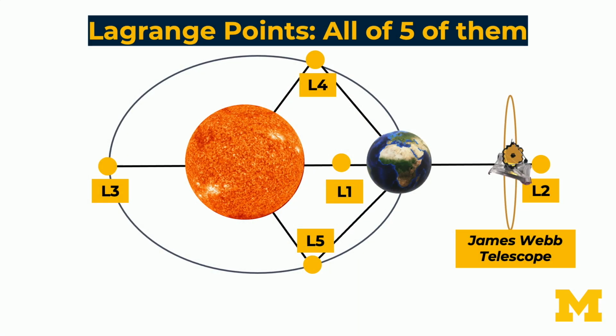Now, there are a lot of satellites that are sitting at Lagrange point 1, which is between the Sun and the Earth. And there are 2 reasons for this. The first is that if we look towards the Sun, we can view the Sun all of the time. We're never in the shadow of the Earth.